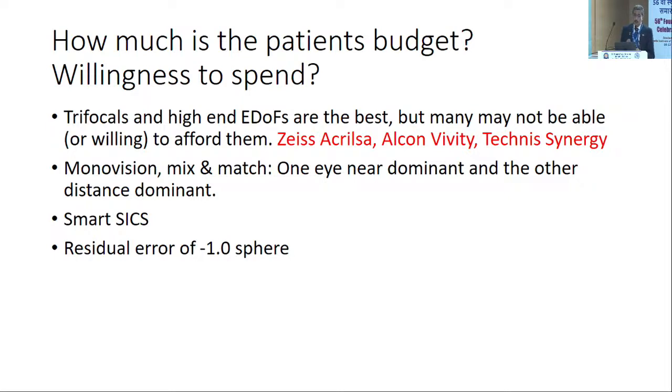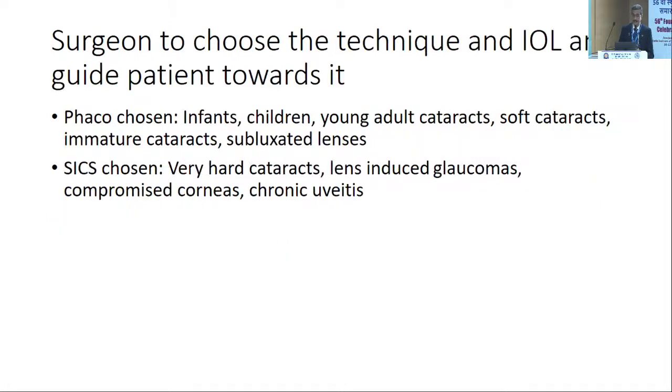We can offer them monovision, mix and match, with one eye distant dominant, the other eye near dominant. There is smart SICS by which we can give almost 6/9 N8 unaided vision. Or this is what we would be doing in our medical college days. We just make the residual error -1 so that they can do most of their stuff without spectacles.